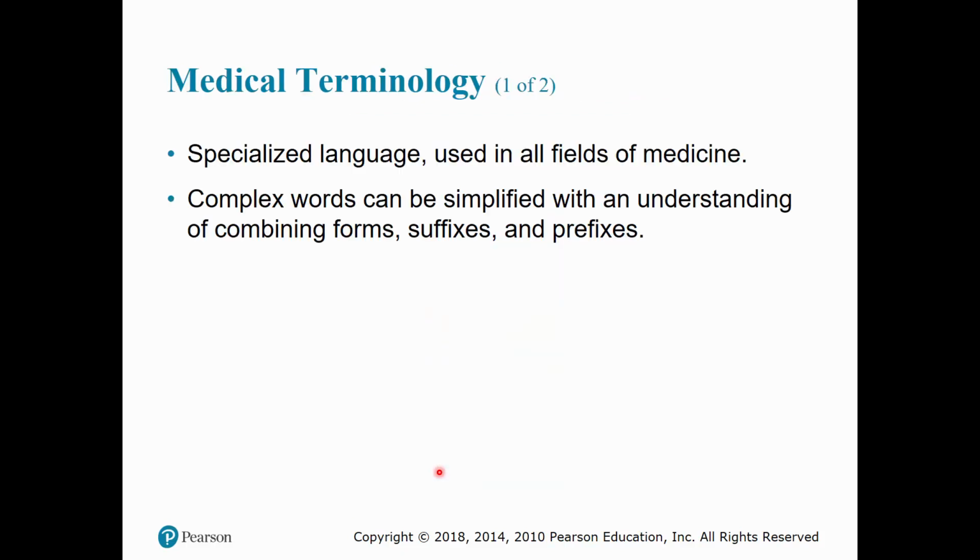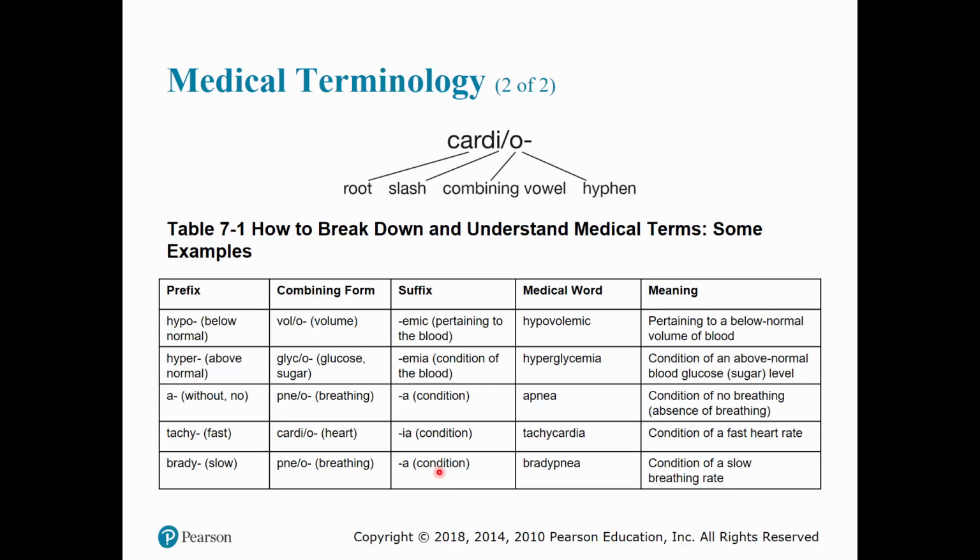Medical terminology is a special type of language that is used in all fields of medicine, and what it does is simplify complex words into an understanding of combining forms such as suffixes and prefixes, such as hypovolemic, meaning hypo, below normal, vol, volume, emic, pertaining to the blood, which means pertaining to a below normal volume of blood.